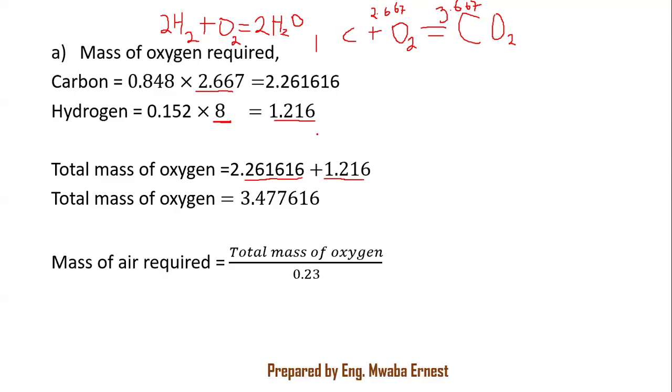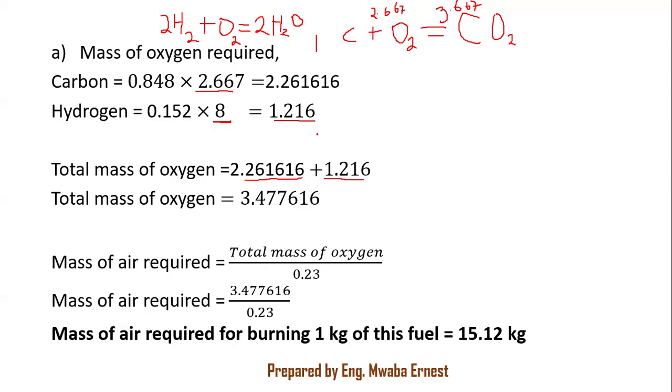For now, we're dealing with 0.23 because what we've been given are the masses, and we're dealing with the mass according to the question. So 3.477616 divided by 0.23, and our answer is 15.12 kg. What are we saying? You need 15.12 kg of air in order to burn 1 kg of this type of fuel we've been given. So that is our answer.